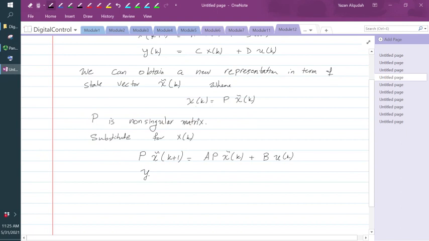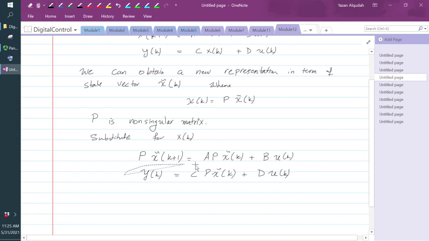Now y of k is going to equal C multiplied by x of k, but x of k is equal to P multiplied by x tilde of k, plus D multiplied by u of k. Now I can take the first equation and multiply by P inverse on both sides.